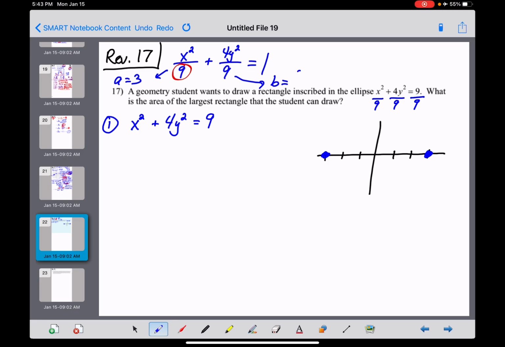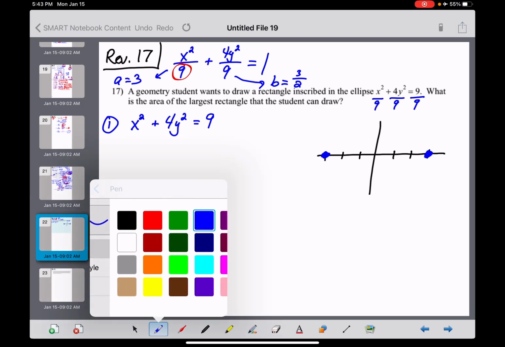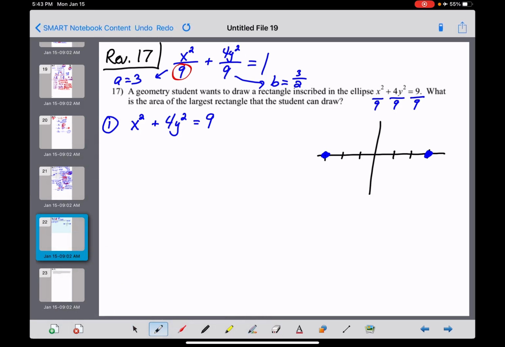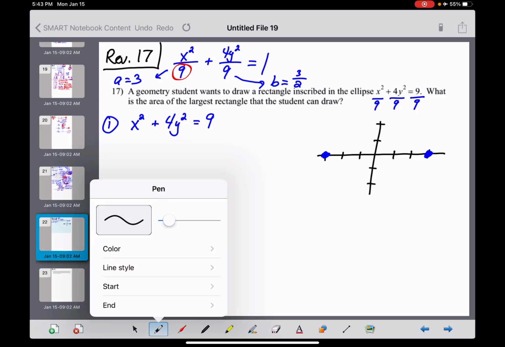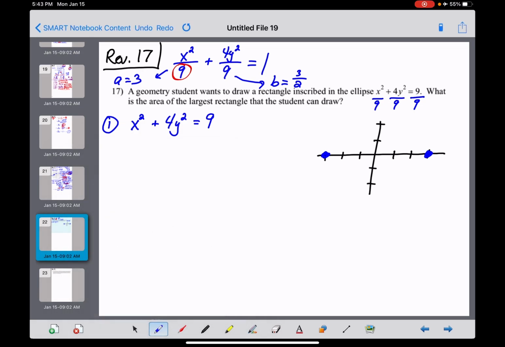I think that's a 3/2 we end up with. And that would tell you that this graph is going to go 1.5 units up and down along the y-axis, here, there and there and there and there. So now I'm pretty sure I've got 2 points located here and here that the ellipse is going to pass through as well.